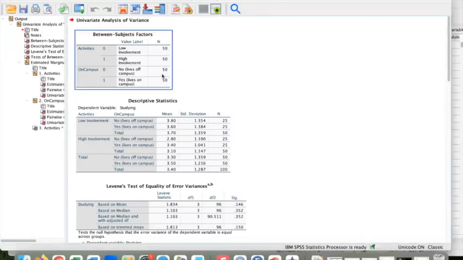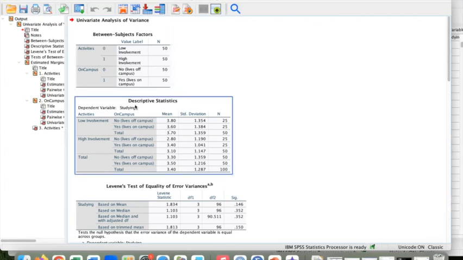The first table tells us how many people were in each group, and then the descriptive statistics box gives us the means for each combination of folks who were high and low involved, lived on or off campus, and then the total for everyone who is low involved and everyone who is high involved.